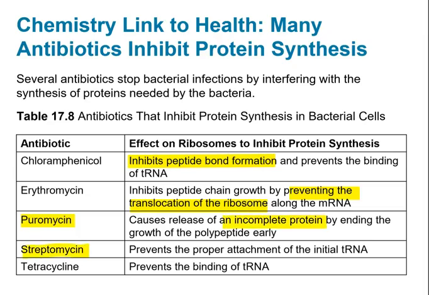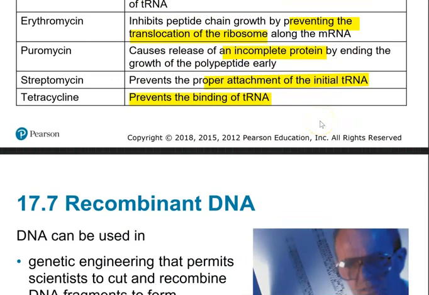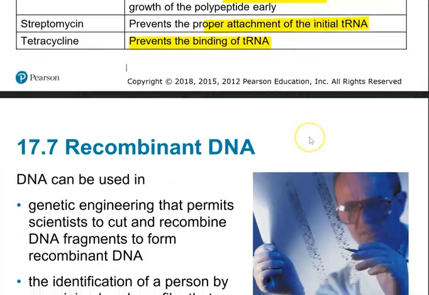Streptomycin, proper tRNA attachment is blocked, and there are some faulty proteins that formed, and tetracycline prevents the tRNA binding to the ribosome. Even more than that, hear me out, there's a group of antibiotics called rifamycins that inhibits transcription.